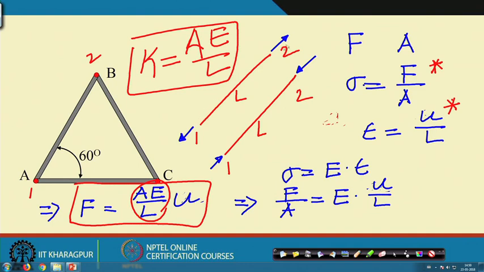Point 1 in this case moves in this direction and point 2 moves in this direction. Similarly, in this case, point 1 moves in this direction and point 2 moves in this direction. The net change between point 1 and 2 is U. But when we say U, you cannot tell what is the movement of point 1 and what is the movement of point 2 separately.